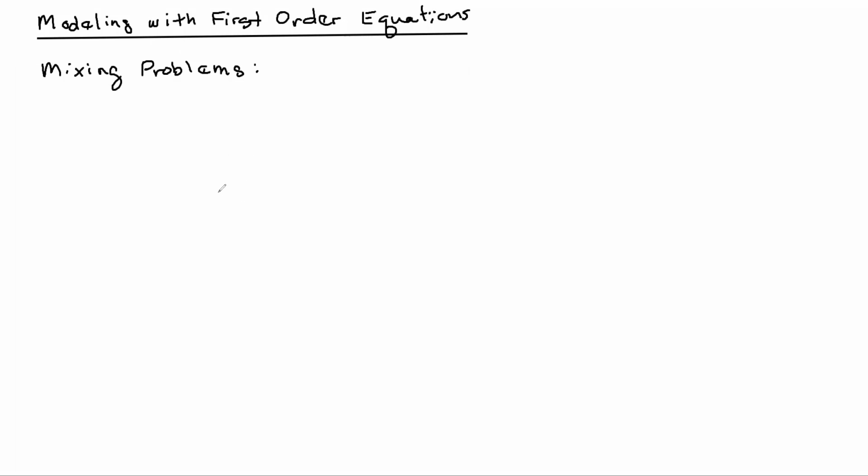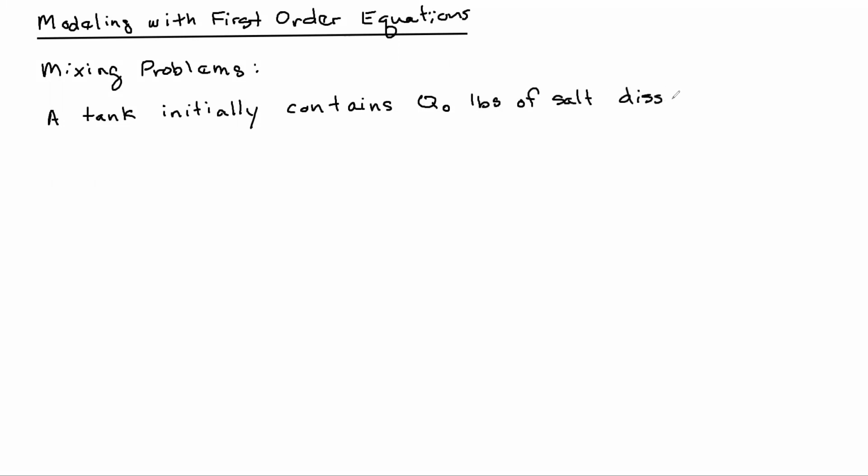To get us started, let's look at a problem where a tank initially contains Q0 pounds of salt dissolved in 100 gallons of water.